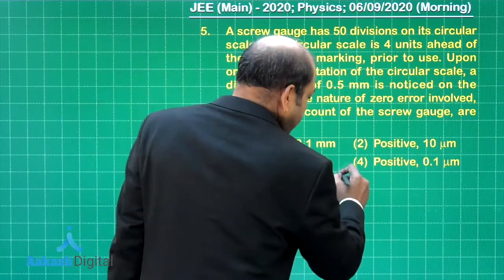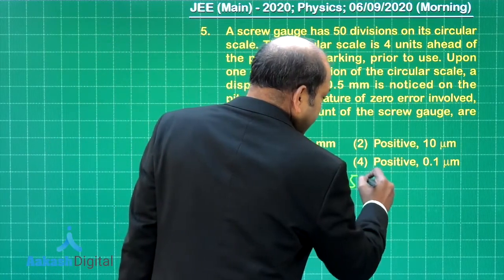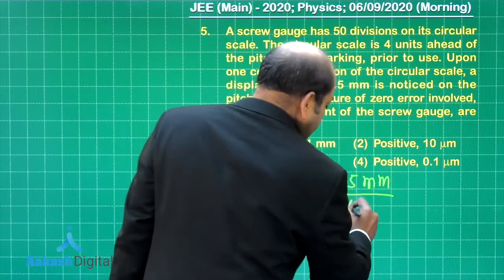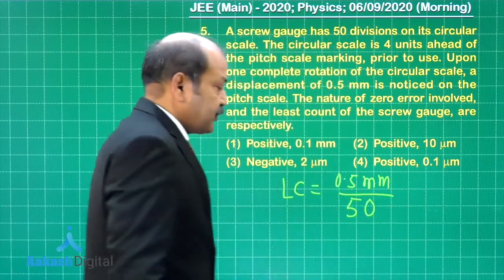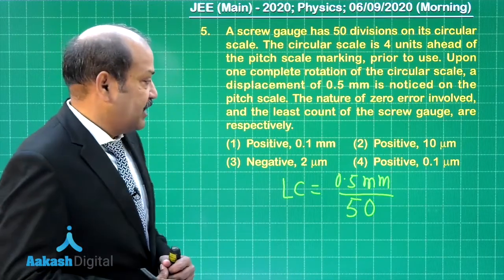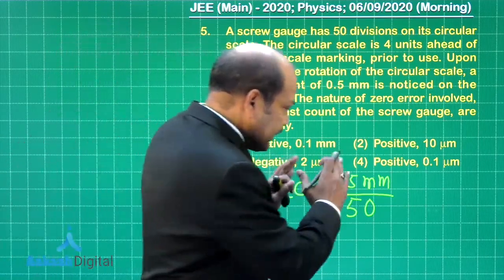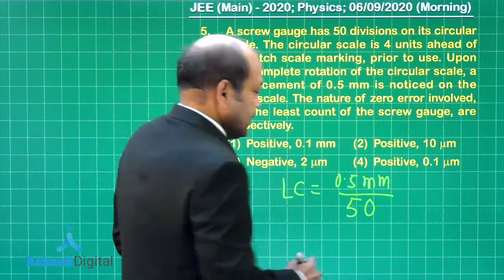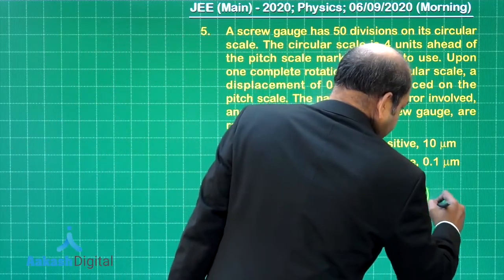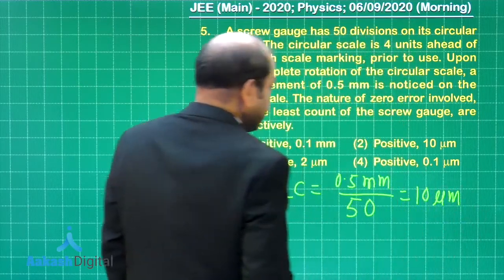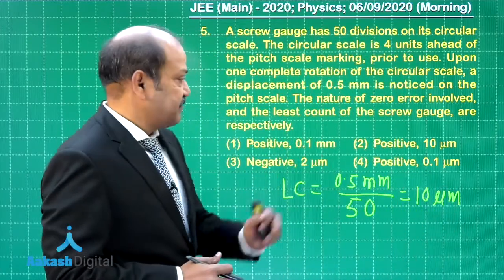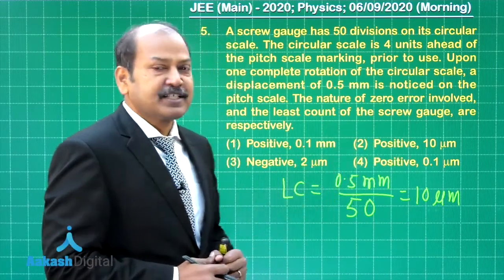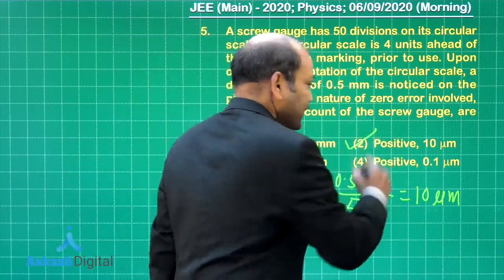So, 0.5 millimeter divided by the number of divisions, which is 50. So, this is the least count. Now, if we convert this into micrometer, this comes out as 10 micrometer. So, that means option 2 is correct, both with respect to the nature of the zero error and the least count of the screw gauge.